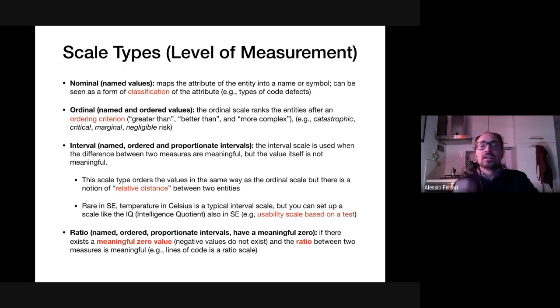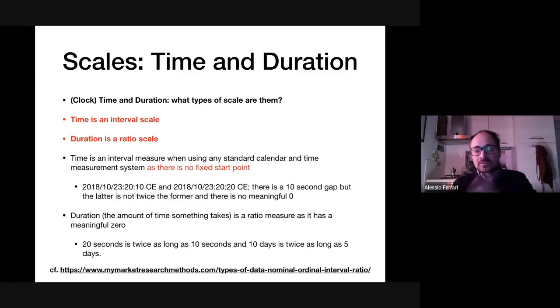So the ratio between two measures in a ratio scale is meaningful. This leads us to first consideration, first on some typical scales that are time and duration, and the other one about the power of the different scales.